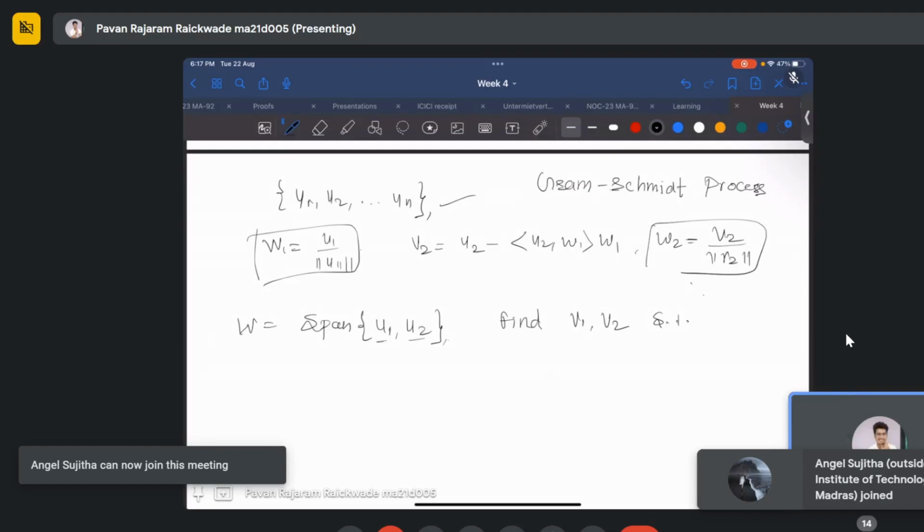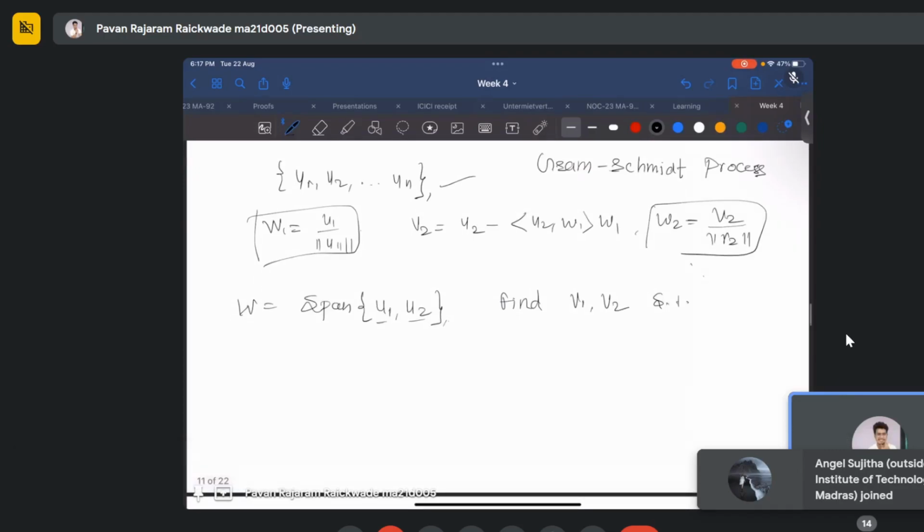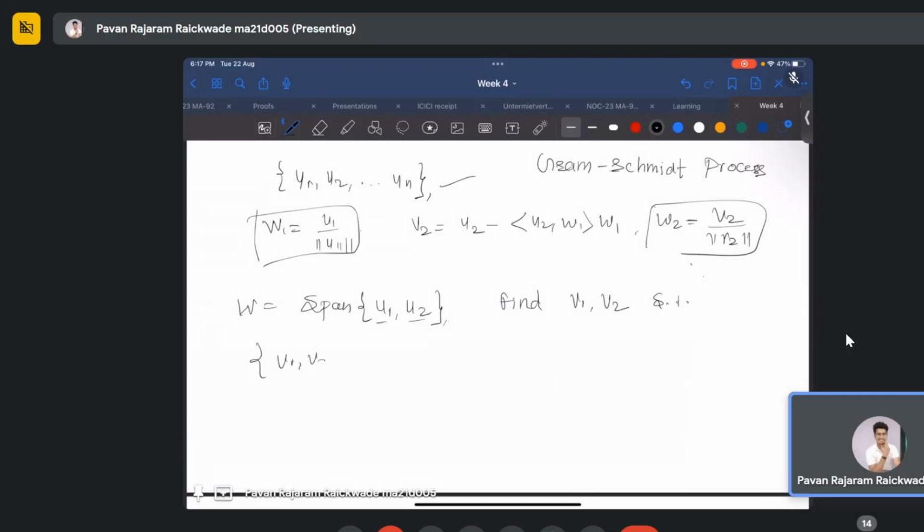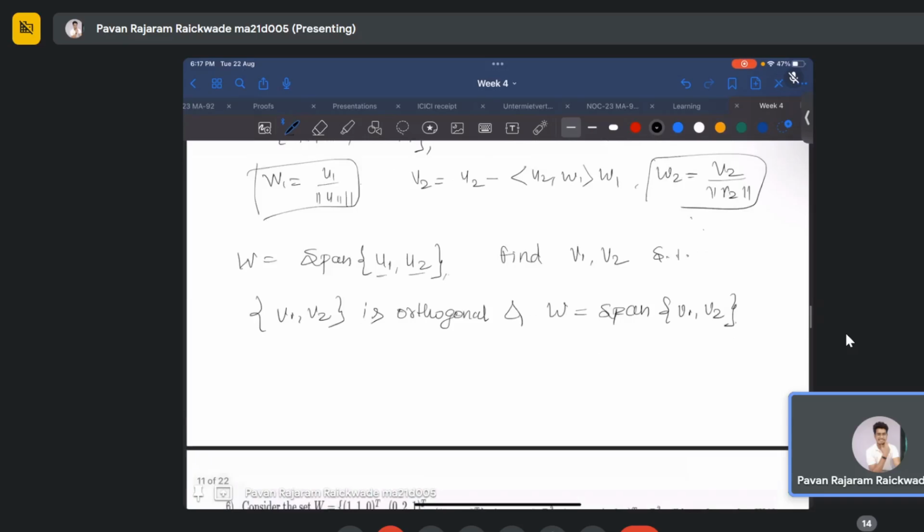I want to find V1 and V2 such that the set V1, V2 is orthogonal and the span of W is the same as the span of V1, V2. So how can I do it?